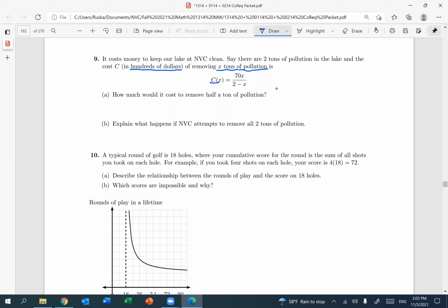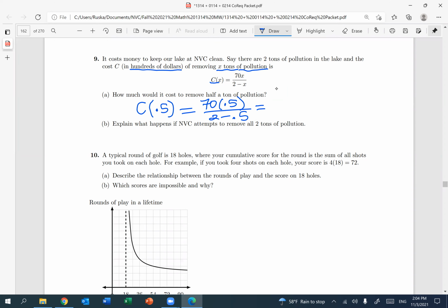If I want to find the cost, it is C of half a ton, so it's going to be 0.5. I'm going to replace x with 0.5, so I have 70 times 0.5 over 2 minus 0.5.